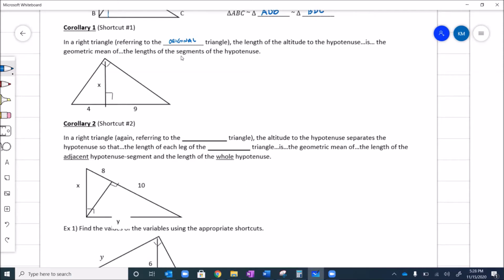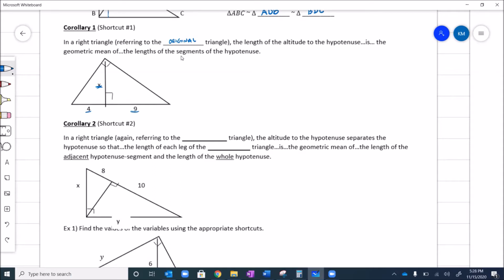What this means is the altitude to the hypotenuse, this line that we saw in all of our triangles that separated it into similar triangles, is the geometric mean between these lengths.